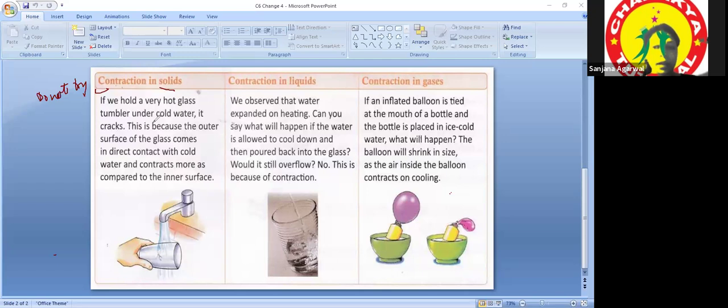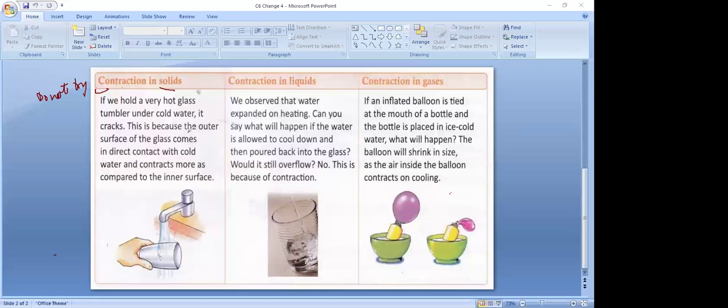The temperature, which had already risen when we poured the hot tea, is brought down so suddenly. Because of contraction, the glass will break.